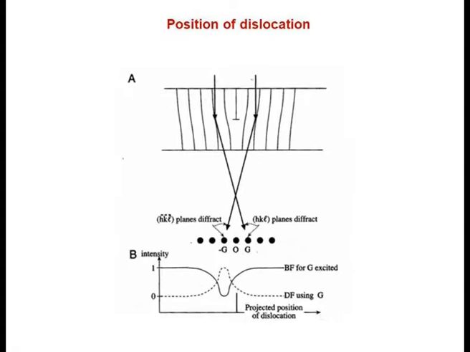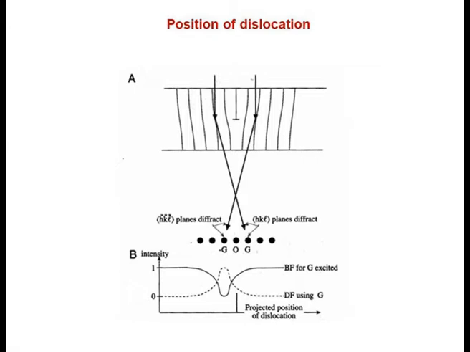Then another important factor we have to see with respect to the position of a dislocation in the microscope is, this is how the atomic planes are, for an edge dislocation we consider it. So there is going to be a tilting of this plane. When a parallel beam falls onto the sample, assume the region away from it doesn't satisfy the Bragg condition.